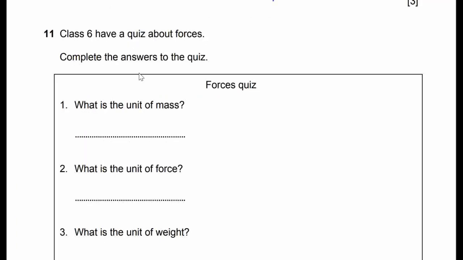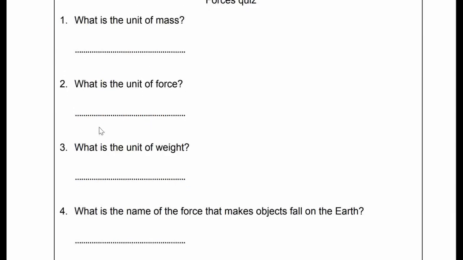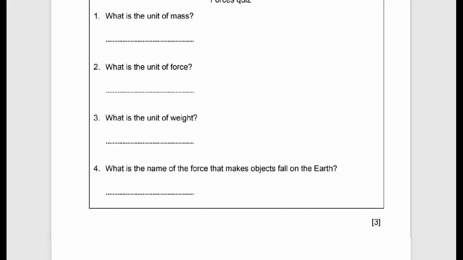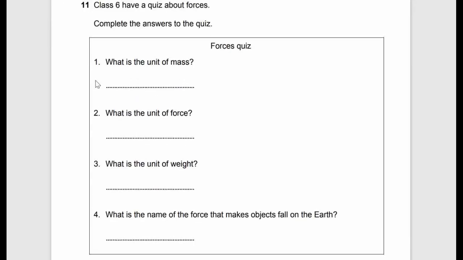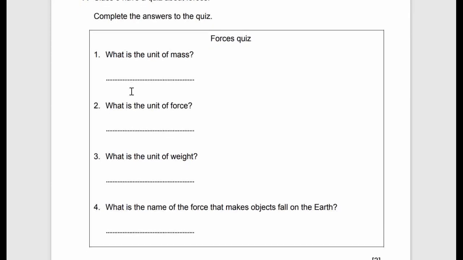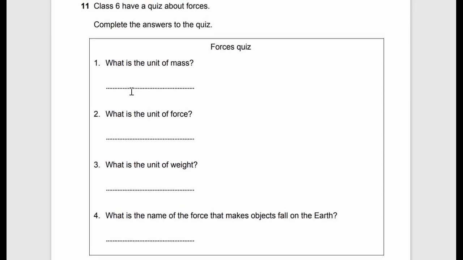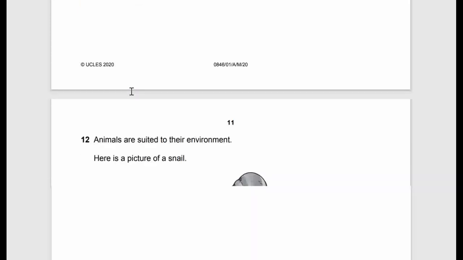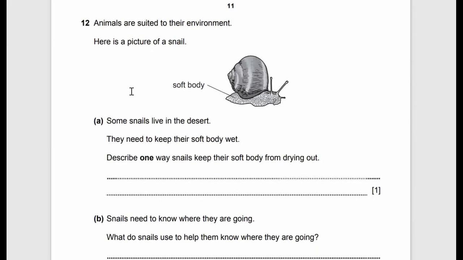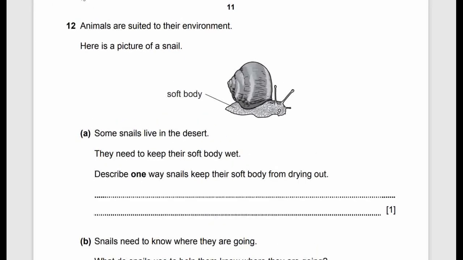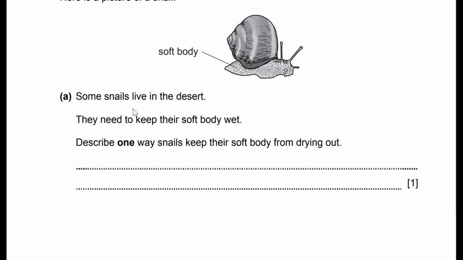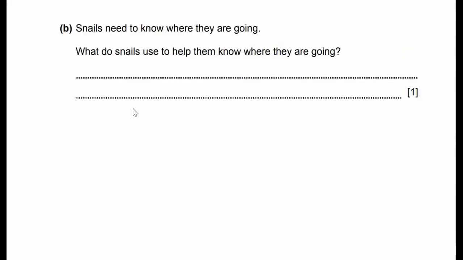This is question number 11, Class 6. Let me zoom out so we can take a screenshot, and you can try to do the answer first, and then we can see the discussion of the MarkScheme. This one is number 11. This is number 12, 12A, 12B.